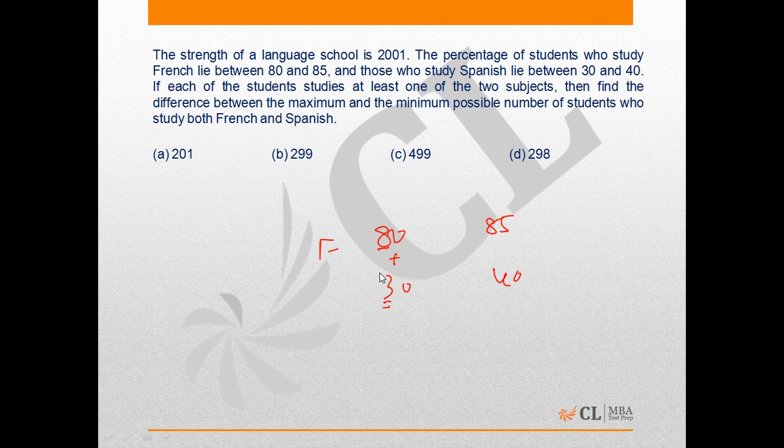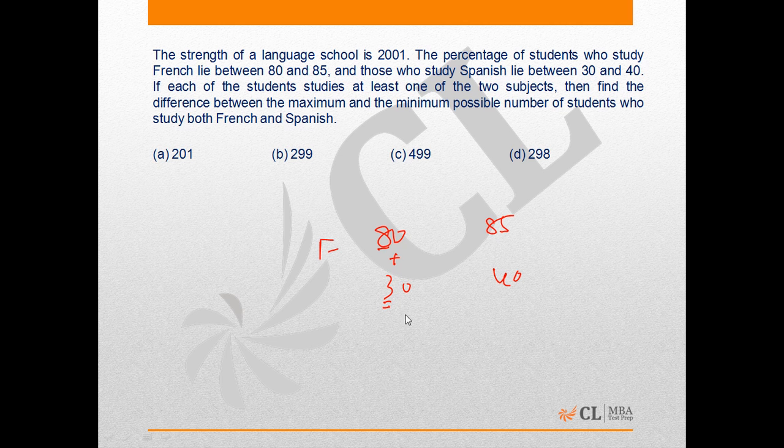It is between 80 and 85, so 81 and 30 will not be included, which means it should be slightly more than these two figures.